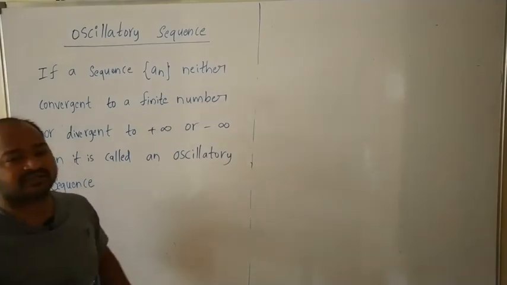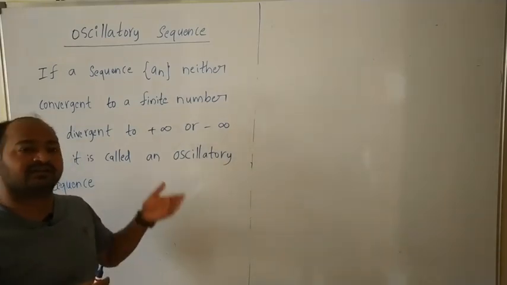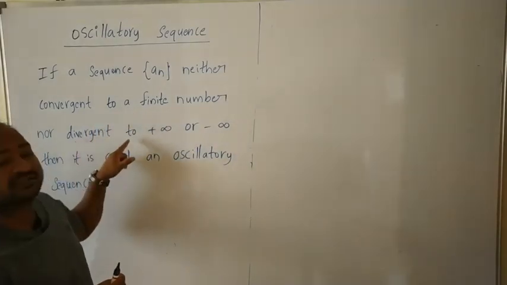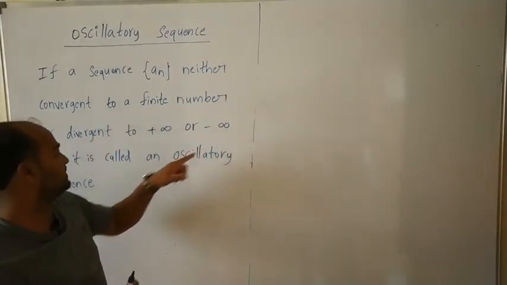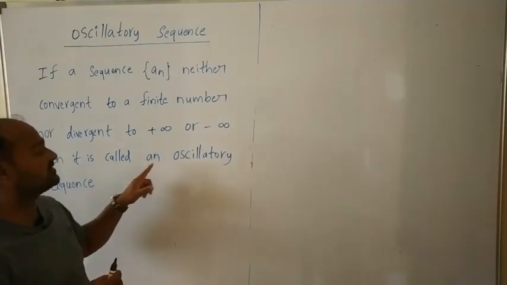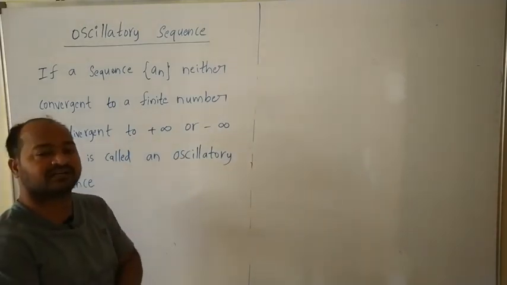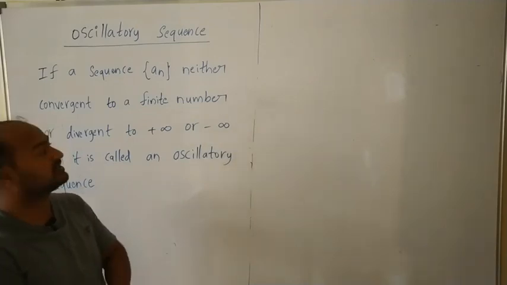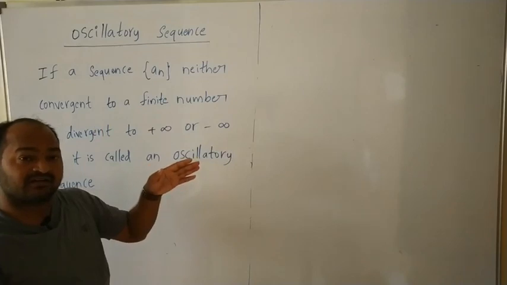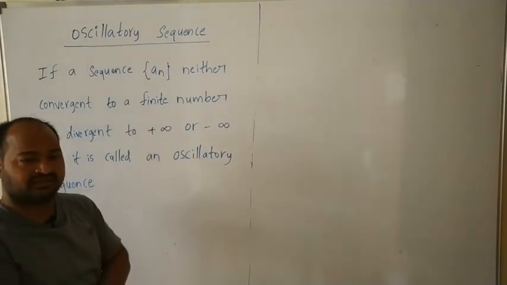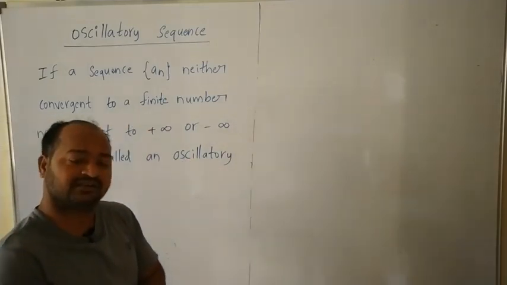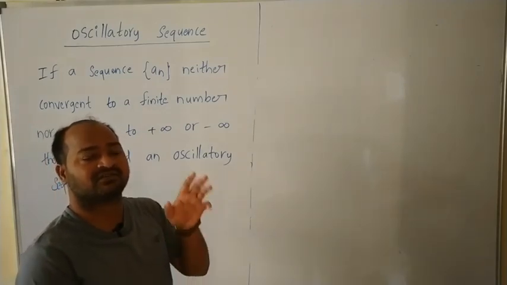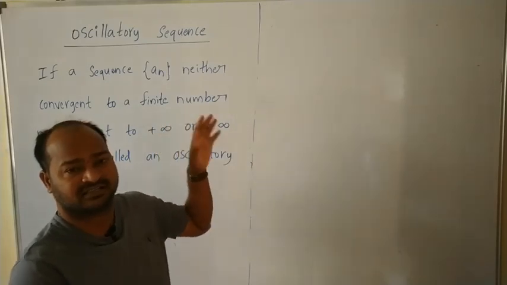An oscillatory sequence is nothing but a sequence that is neither convergent nor divergent. If a sequence is neither convergent nor divergent, then such a sequence is called an oscillatory sequence.